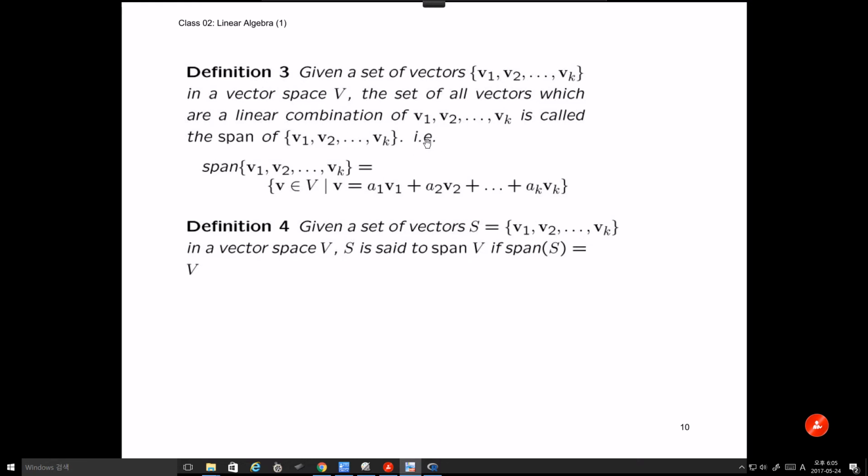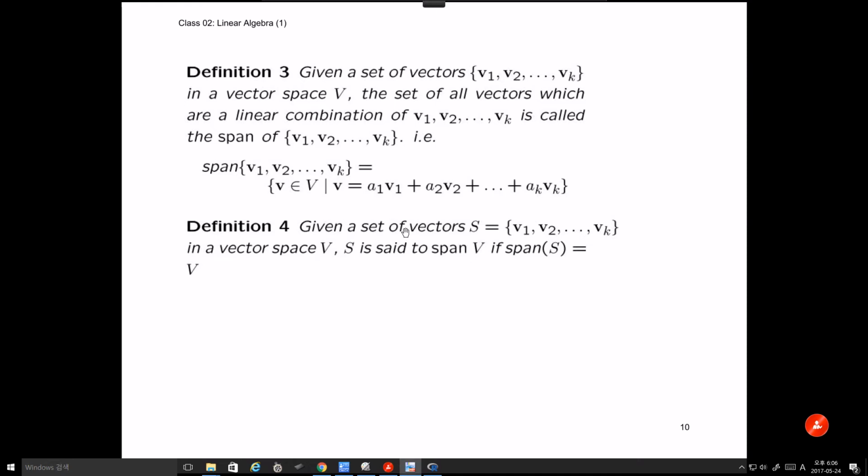In other words, basically we are spanning a space. The span of a set of vectors V1, V2, ..., Vk is basically the set of vectors V in the vector space such that V is some combination of those vectors. The set of all such V is called the span of that set of vectors.